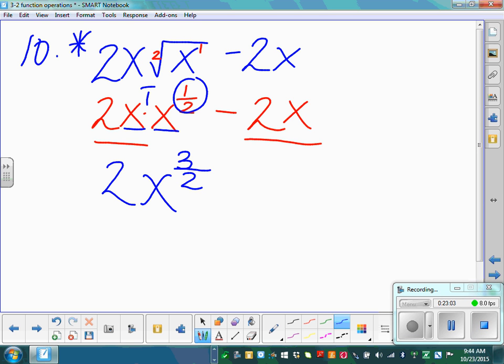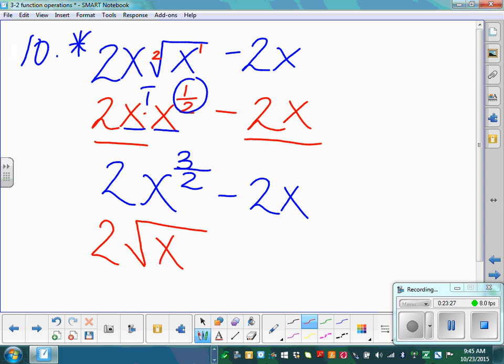Does everybody understand what I just did? I added 1 plus 1/2. If you do that on your calculator, because none of you really know how to add fractions, but that's why we have calculators. 1 plus 1/2 is 3 halves. So we really have x to the 3 halves minus 2x. So what we really have is, what's my root? Square, right?